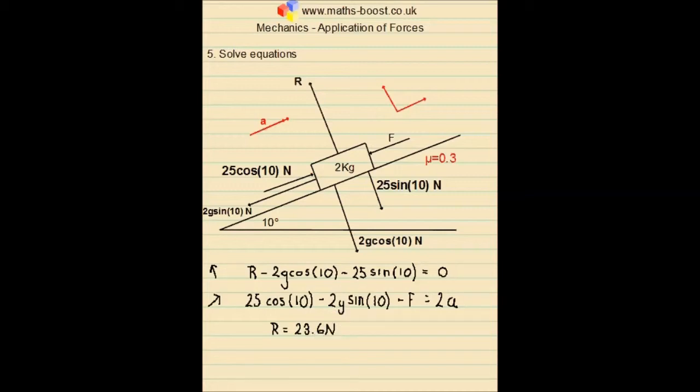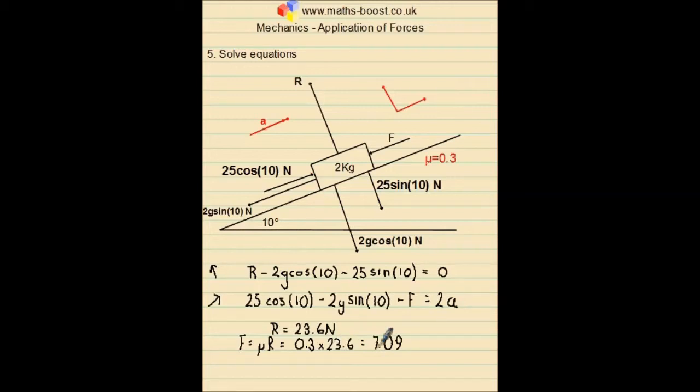Now we've mentioned earlier that when an object is moving, friction is equal to the coefficient of friction times the normal reaction. Well, we weren't able to calculate this before, but now because we've found the value of the normal reaction, we can. I'll just add that when I've calculated friction, I haven't rounded up to 23.6.